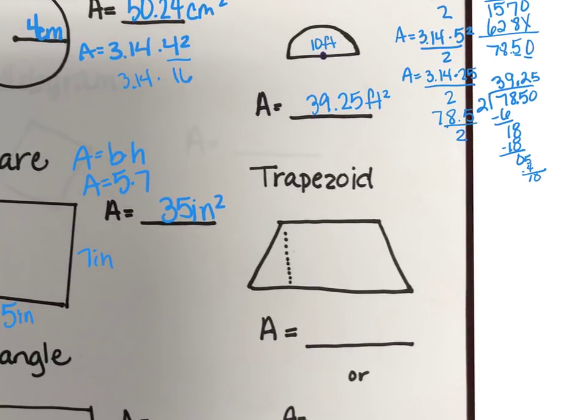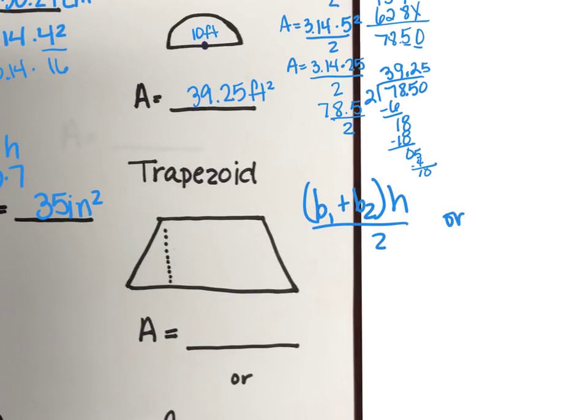Our trapezoid formula, y'all should have seen this shape before, but I'm just going to remind you, there's 2 different ways to do it. First one is base 1 plus base 2 times height divided by 2, or you can do 1/2 base 1 plus base 2 times height.